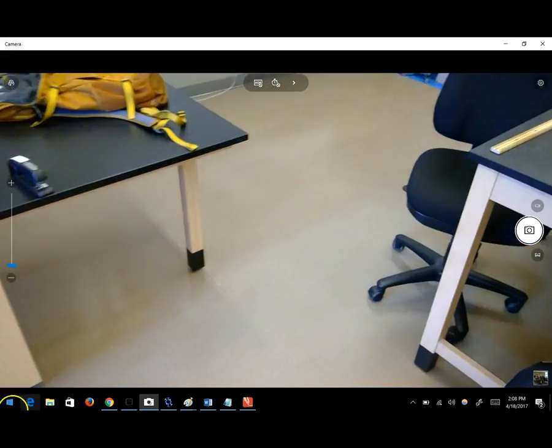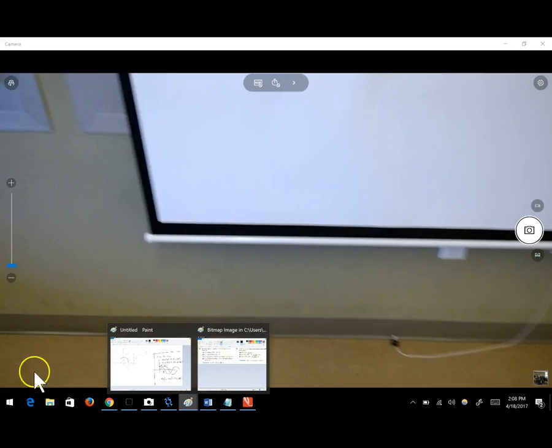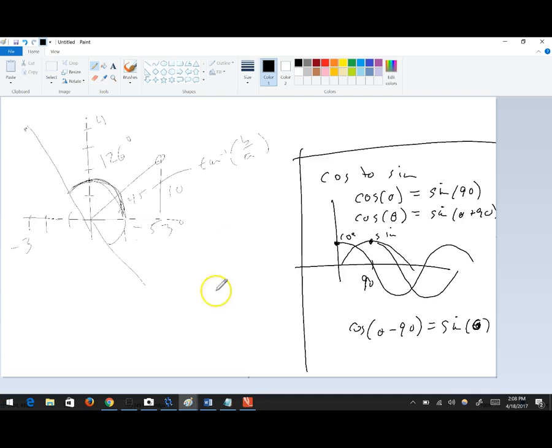It wouldn't be plus 30, it would be minus 60. So the sine of 30 is a cosine of minus 60. You had sine of 30 on that problem, right? Yeah.